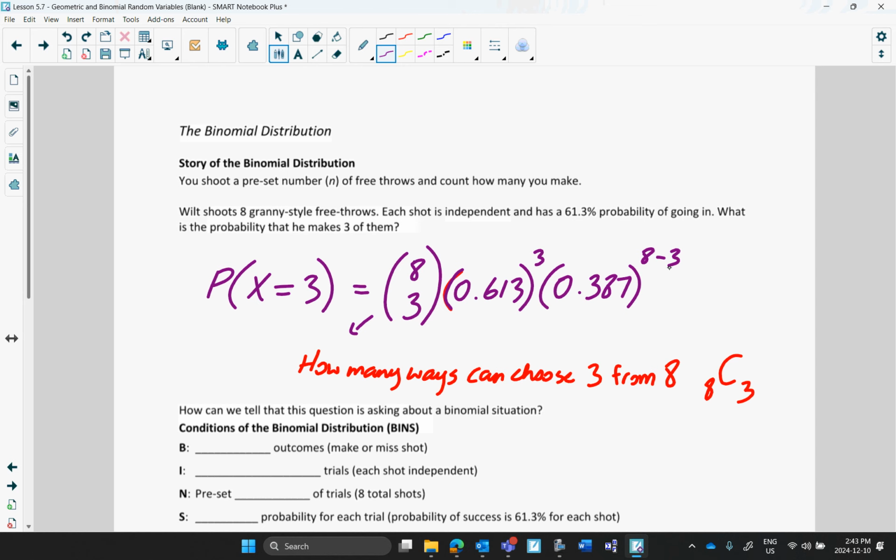So that's how we set it up. You figure out how many ways can you choose the random variable you're given from the fixed number of trials. Multiply that by the probability of the number of successes, which will be the same as this. And then multiply by the probability of failures, which will be the same as the total number minus this. And then if you did all this, this would work out to approximately 0.112 or about 11.2%.